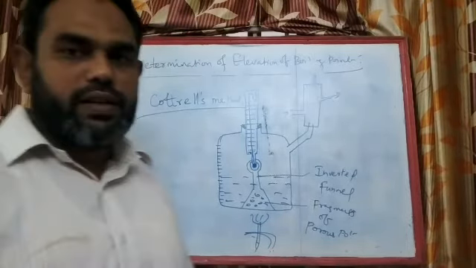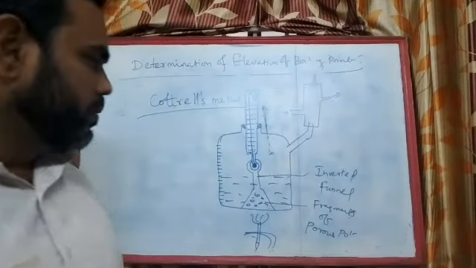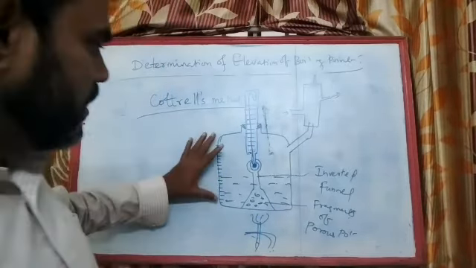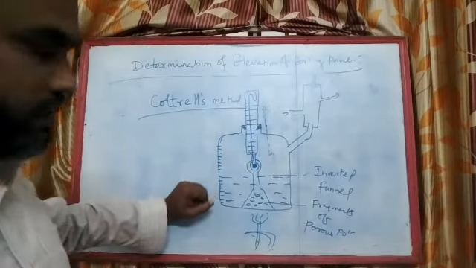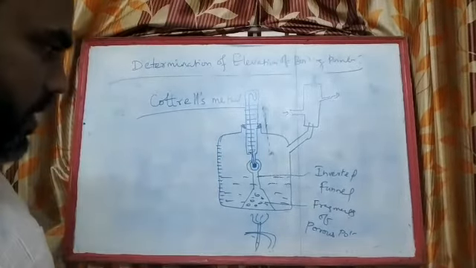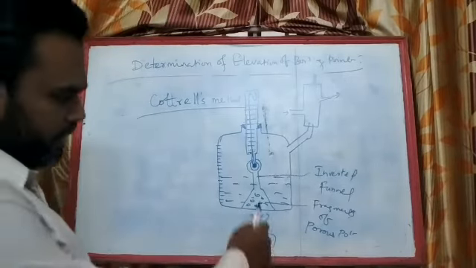So this is another method for determining the elevation of boiling point. In this method you have a glassware with measurements for measuring the solvent level. Here you have an inverted funnel.